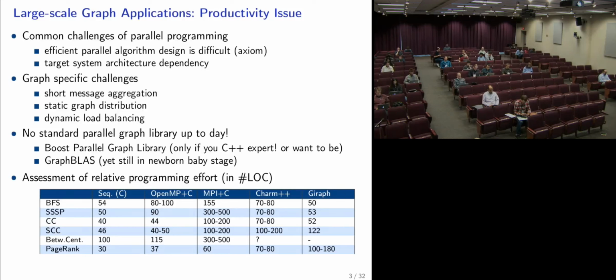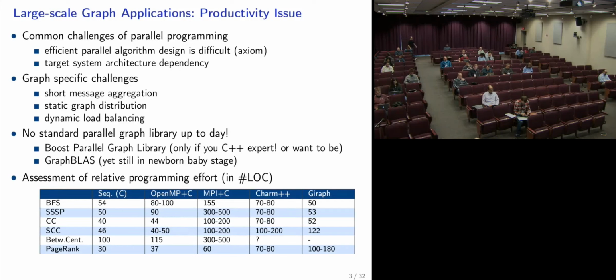Using a shared memory model is very easy and did not take a lot of lines of code. But when we start to use MPI for implementing graph algorithms, the effort is relatively high.